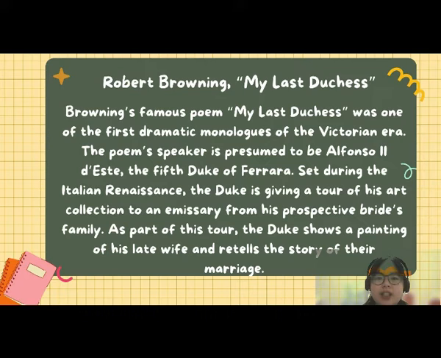The poem's speaker is presumed to be Alfonso II d'Este, the fifth Duke of Ferrara. So the Duke of Ferrara is the speaker of this poem. Set during the Italian Renaissance, the Duke is giving a tour of his art collection to an emissary from his prospective bride's family. As part of this tour, the Duke shows a painting of his late wife and retells the story of their marriage.